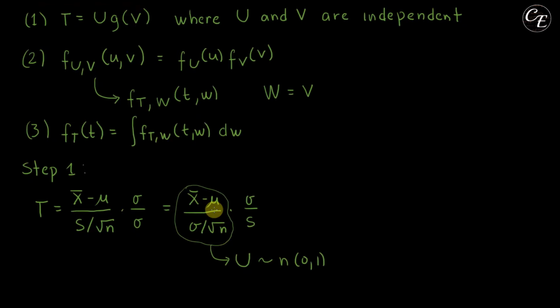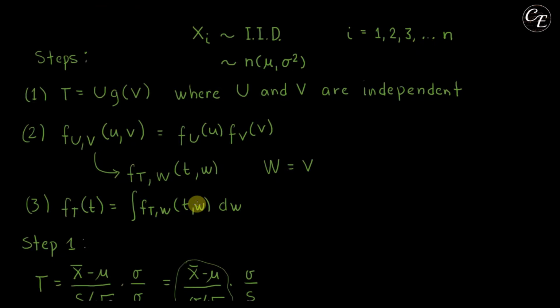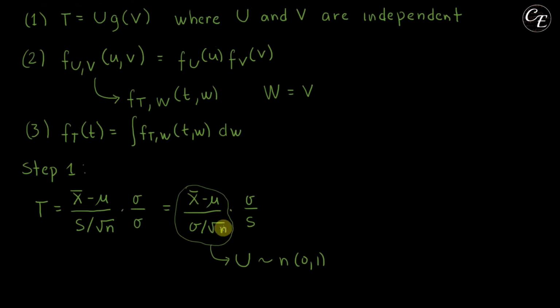Now please take note that the proof for this is not the central limit theorem, because this n does not need to approach infinity, and the x bar here is the sample mean for samples with a normal distribution, not any distribution. So this is not the central limit theorem.